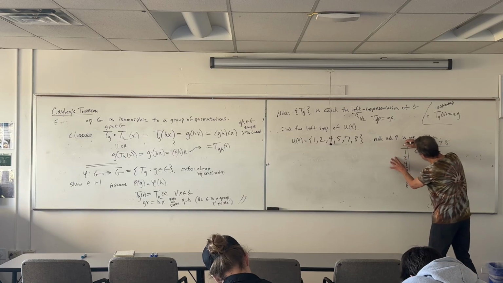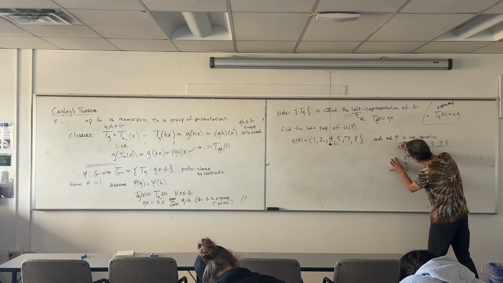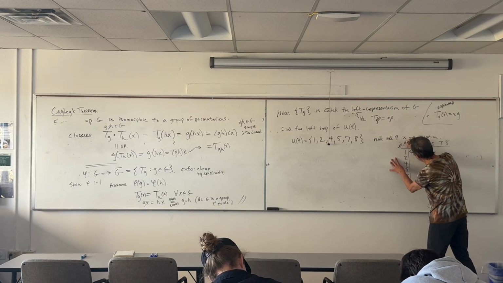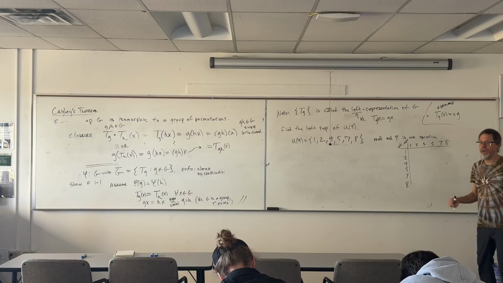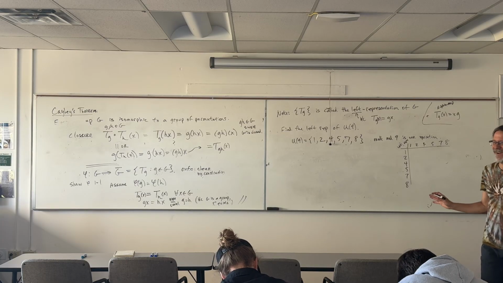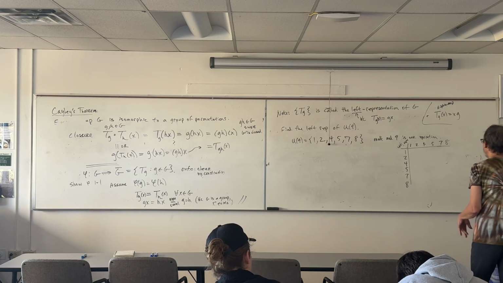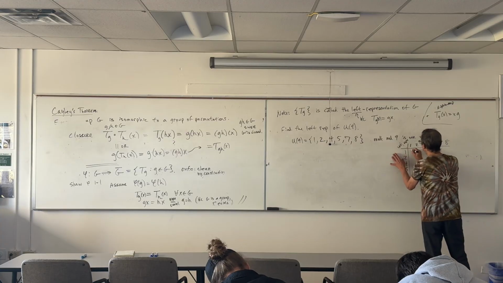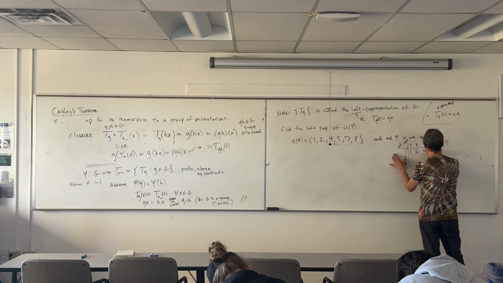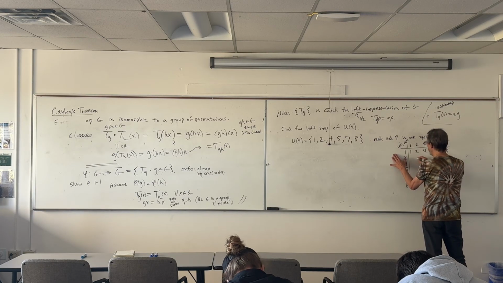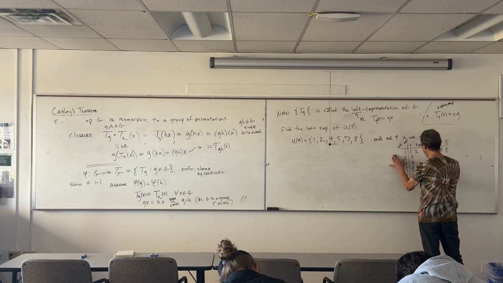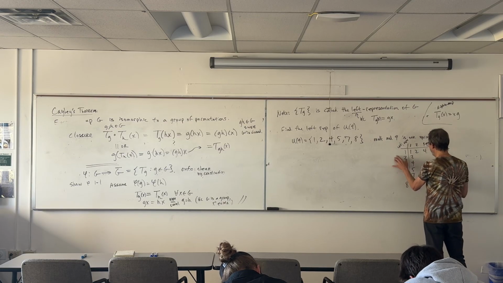And let's say that this is the left and this is the right when I multiply, just to make that really clear. I actually like making these Cayley tables. I find it super satisfying.